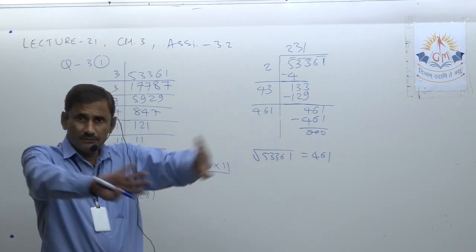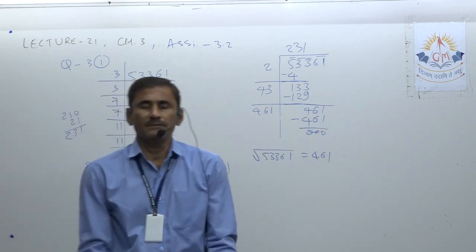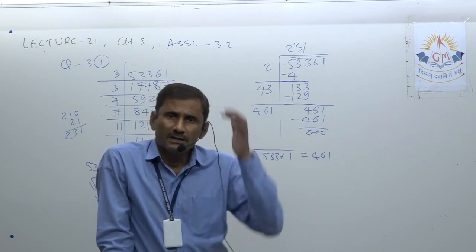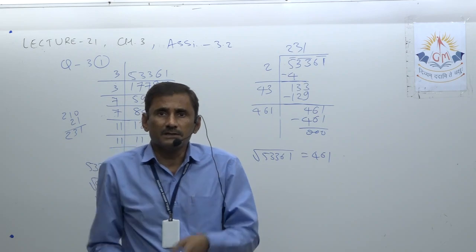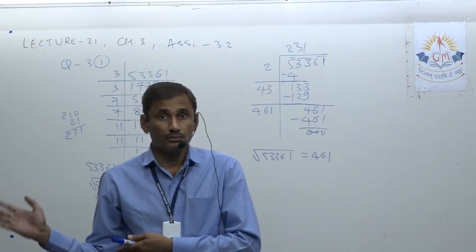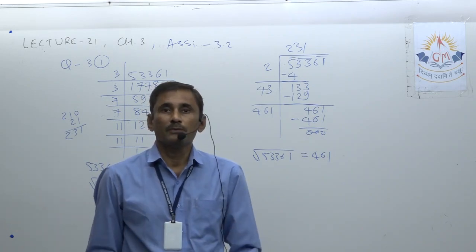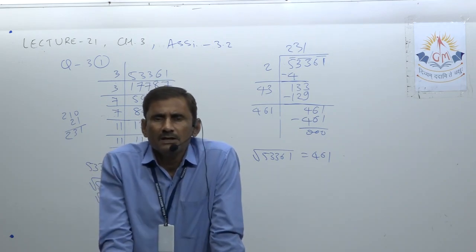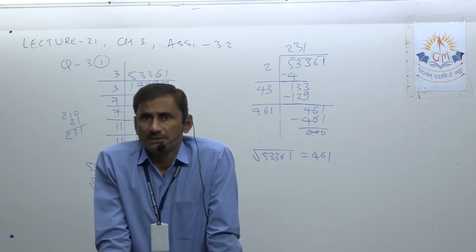Because factorization will be very long, the list is very long, and sometimes it may be time consuming also. Suppose it is not divisible by 2, 3, 5, 7, 11, like that, and up to what level will you go? Sometimes you will reach up to 37, 41. So it is not advisable to apply the prime factorization method whenever the number is very big.